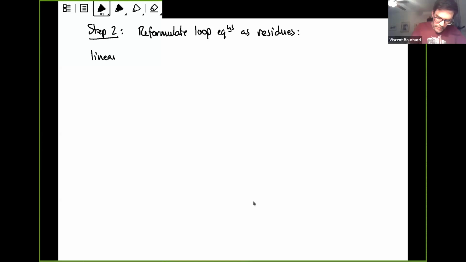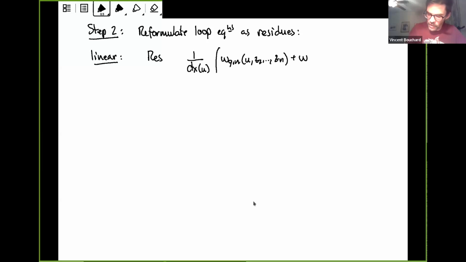So the linear loop equation was the statement that this expression, forget about the residue for a second, was holomorphic at the ramification point. What does it mean to be holomorphic at the ramification point? It means that if I multiply by c, k, u for any k, and I take the residue, I'll get 0.